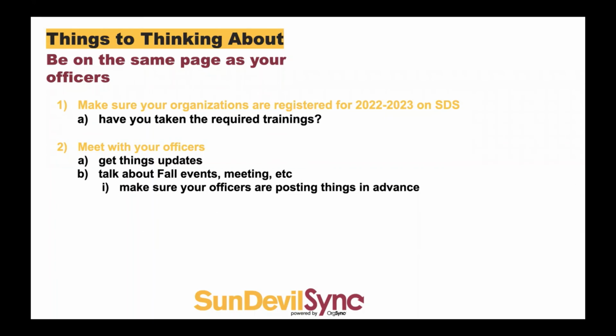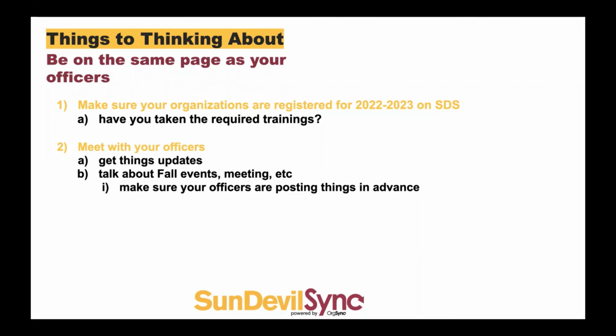It really is that one-stop-shop informational website, if you will, beyond your own website, that this could link to. So it's really important to have all that put together and updated, and then make sure you're talking about fall events and meetings, and what you need to post onto Sun Devil Sync, so that students are aware and have access to come to your events.